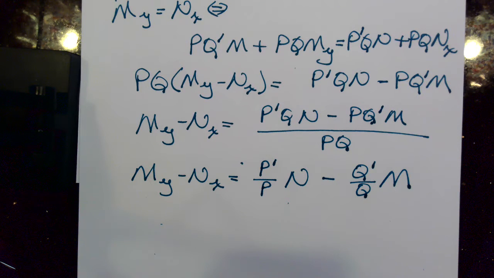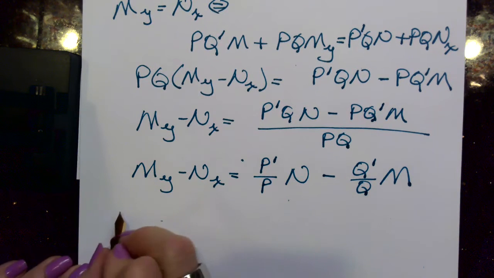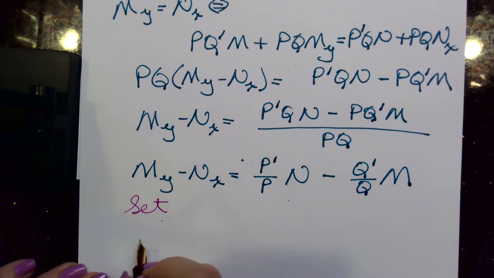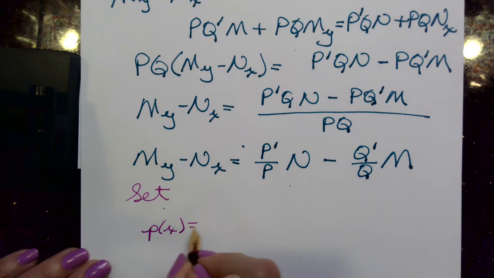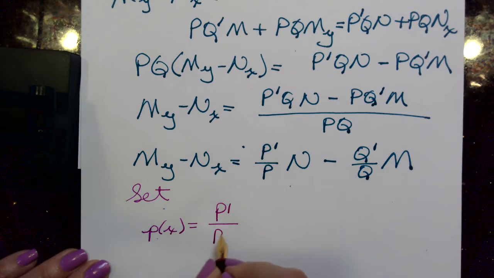So here's the trick. Running out of letters here. Let me call little p of x to be capital P prime over capital P of x.